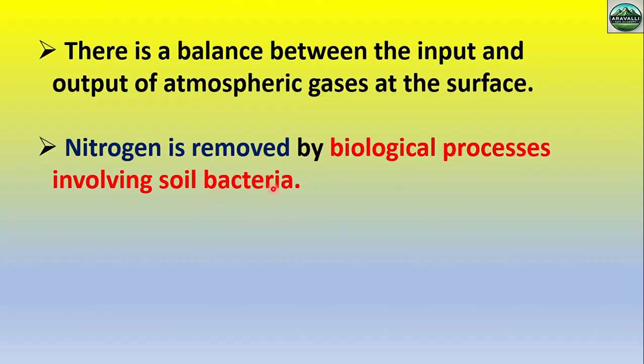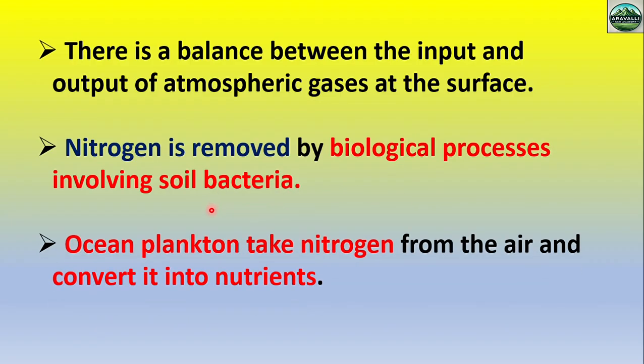Soil bacteria convert nitrogen into nitrogen compounds, and plants use these compounds as nutrients. Phytoplankton also take nitrogen and convert it into nutrients. So nitrogen is removed from the atmosphere through this process. Remember both points.